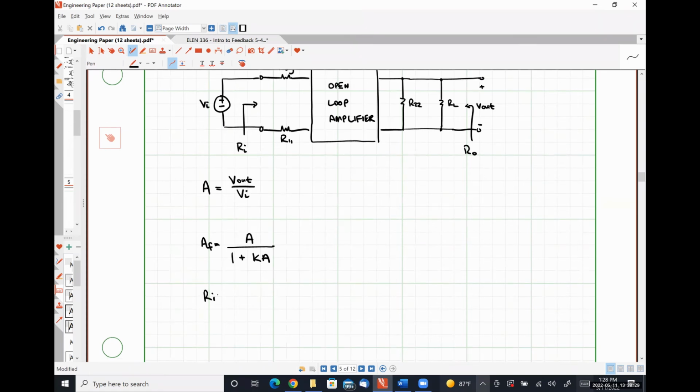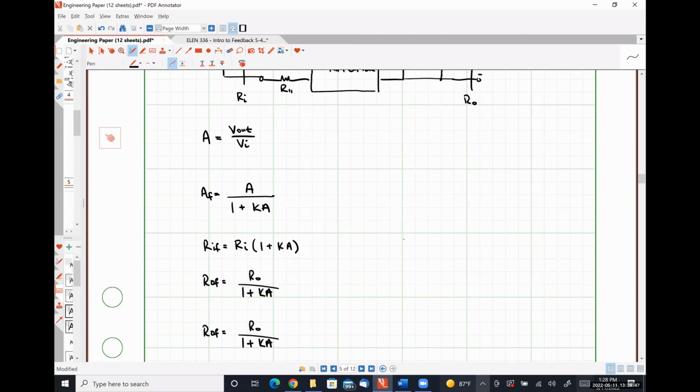We know that RIF is simply RI times 1 plus KA. We know that ROF is RO over 1 plus KA.